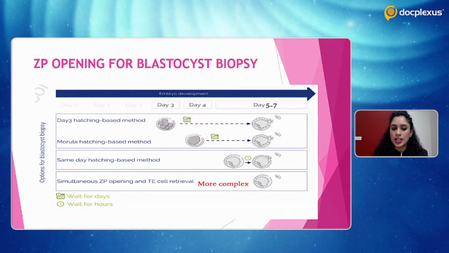Then there is the morula hatching based method, and the same day hatching based method, wherein the laser beam is directed, a hole is made, and the same day it is hatched. Then there is simultaneous zona pellucida opening and trophectoderm cell retrieval, which is a more complex procedure. As you can see, in the first two methods we are waiting for days.